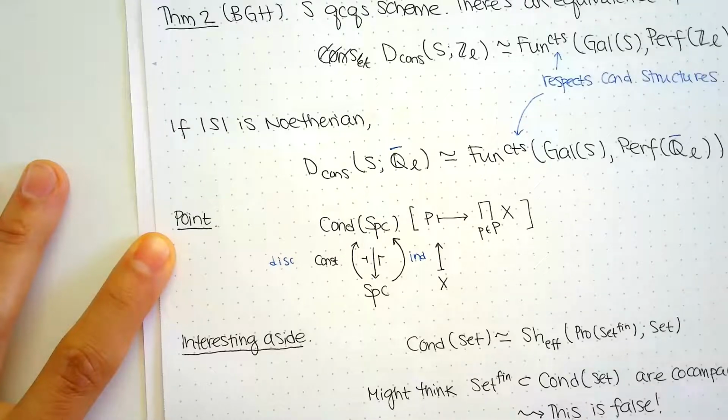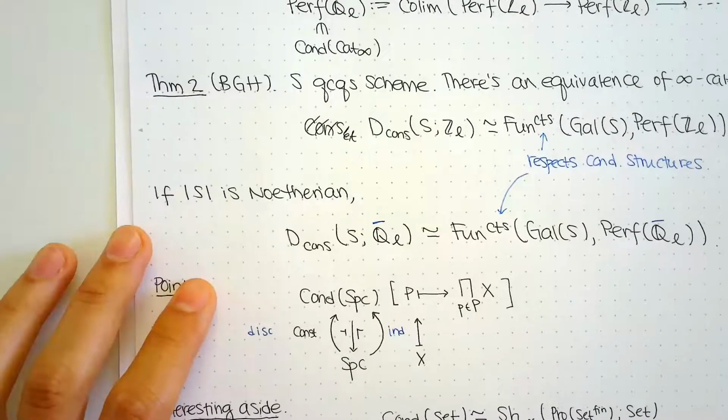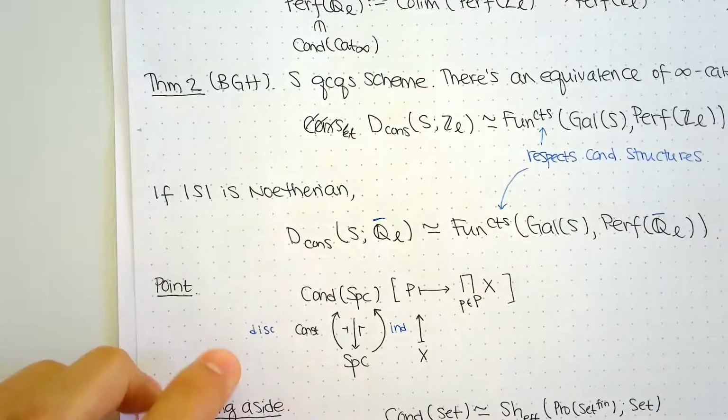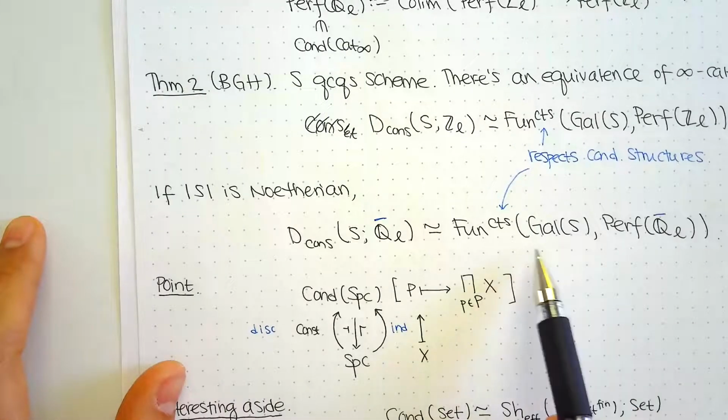So what you might try to do is to give this condensed structure on this Gal S, it's some sort of pro category.